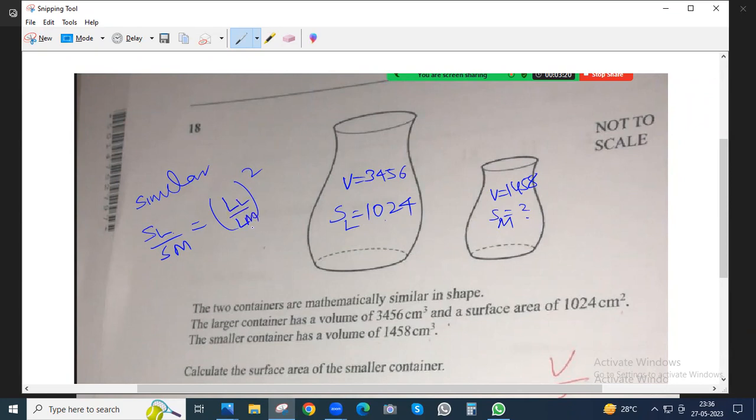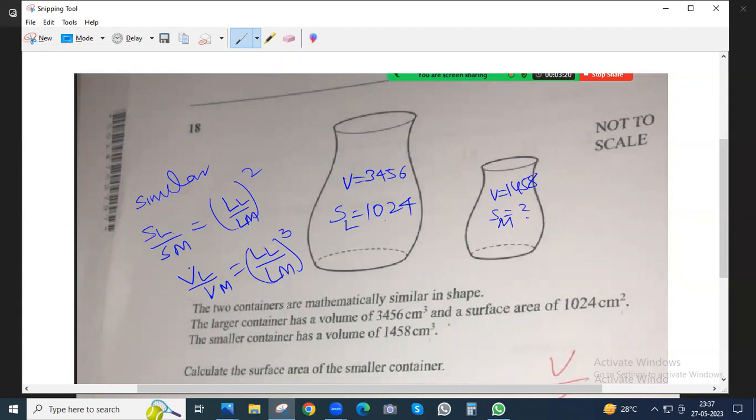Now we don't know the lengths ratio, but we also know that the volume large over the volume small is equal to the length ratio cubed.